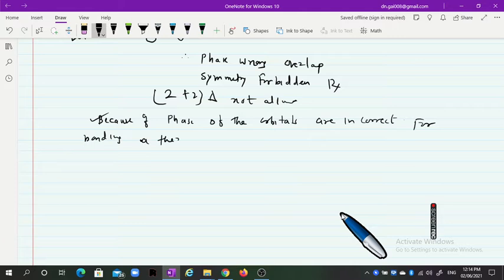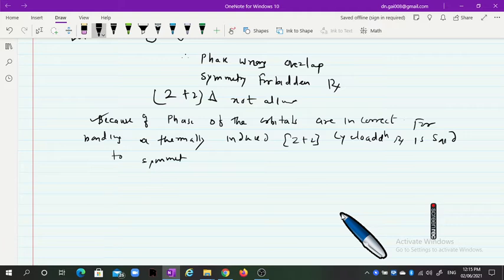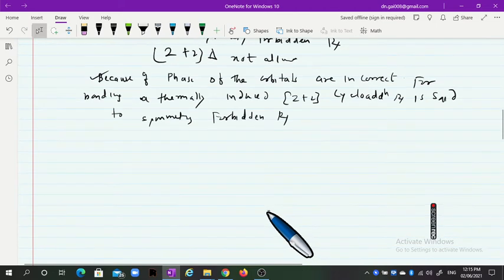A thermally induced 2+2 cycloaddition reaction is said to be a symmetry forbidden reaction.